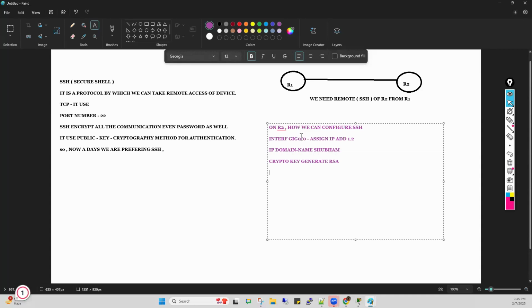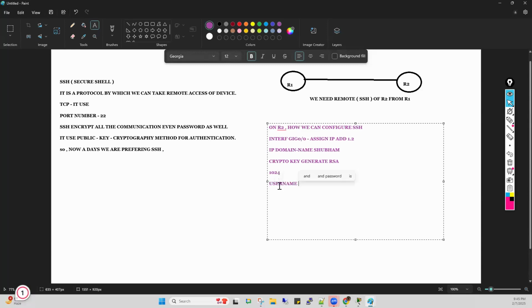After that, you need to set the crypto key size also. By default we set 1024. Now after that, you need to set the username and password. What is the command?